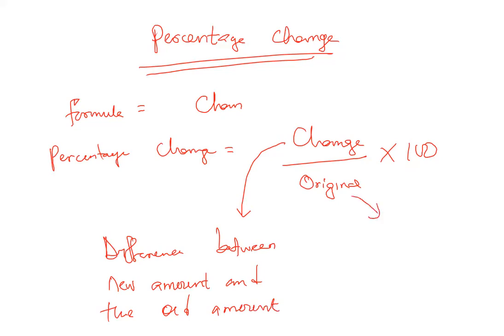I just want to go over what the original is. The original is the amount before the increase or decrease. The amount before what? Before the decrease or the increase.